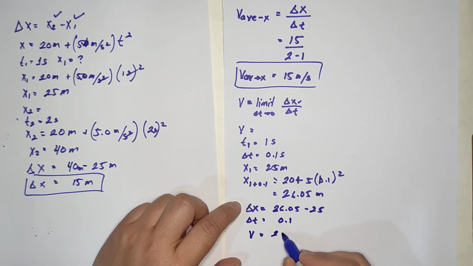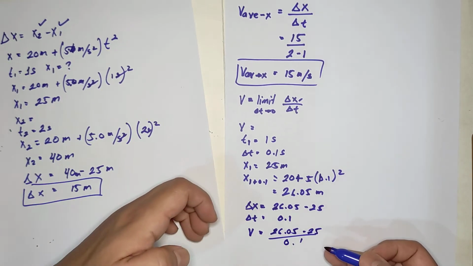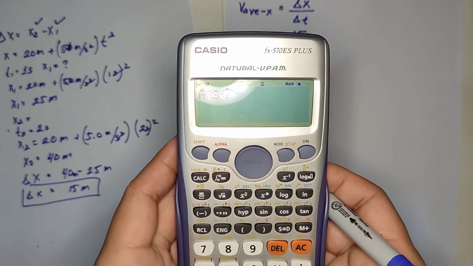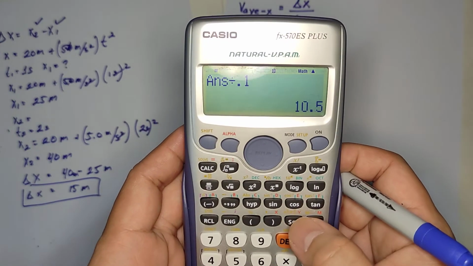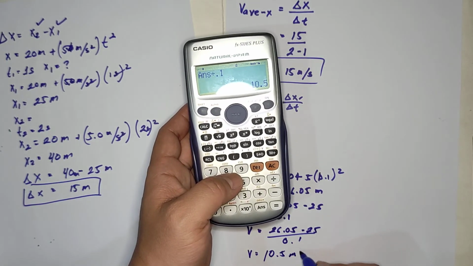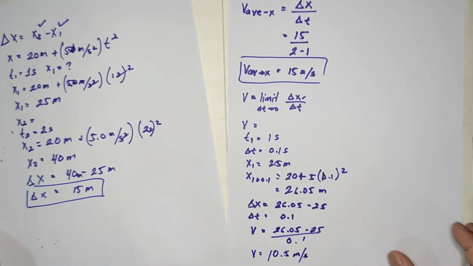So you have 26.05 minus 25 divided by 0.1, so that is 10.5 meters per second.